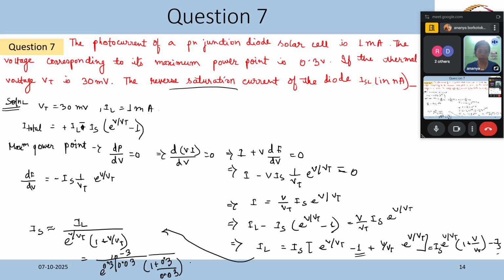You can do this calculation, and finally we get the expression as 1.127 nanoampere. Check the calculation again. I think this is correct. Okay. So this is my final answer.